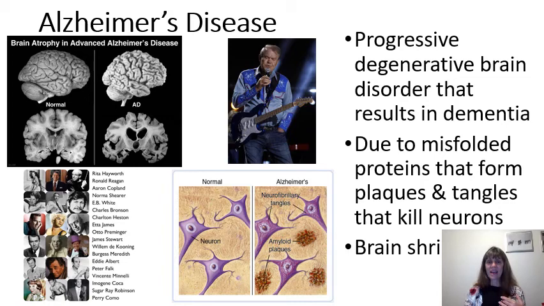These amyloid plaques and neurofibrillary tangles within the neurons basically tangle and kill the neurons, and the brain starts to shrink. There are many famous people who have suffered from Alzheimer's disease.